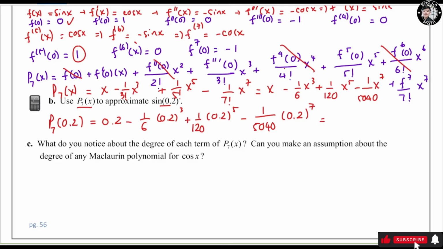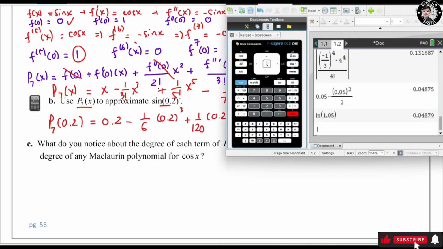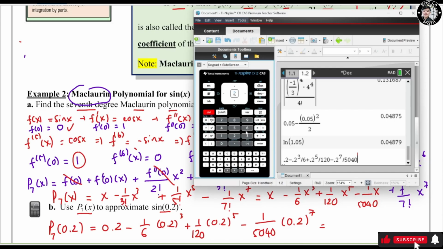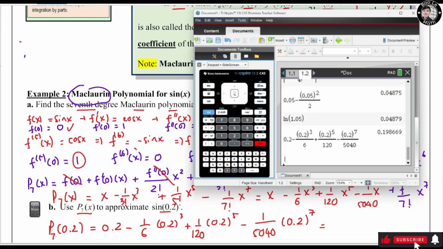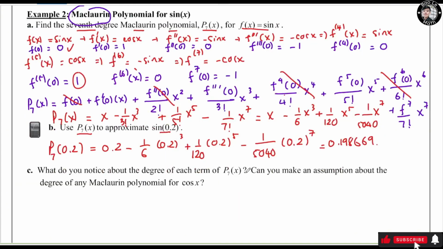So we're going to pull up the calculator, press Control Enter. It's going to be 1.9869. Now question C. What do you notice about the degree of each term of P7 of s?